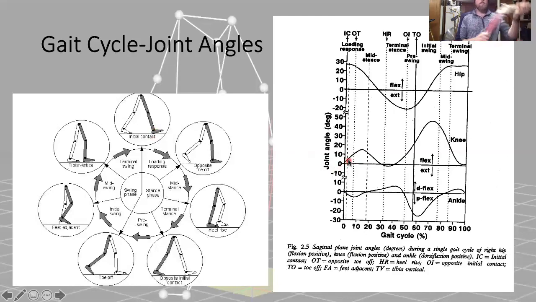Unless you're landing with a hard extended knee, you're going to have some initial flexion, right? And then we move through opposite toe off of the opposite leg. We're starting to extend our leg now. We're starting to extend the knee to stand up on the support leg. So remember, this is the right leg, right? We've made contact. Let's look at my leg here.